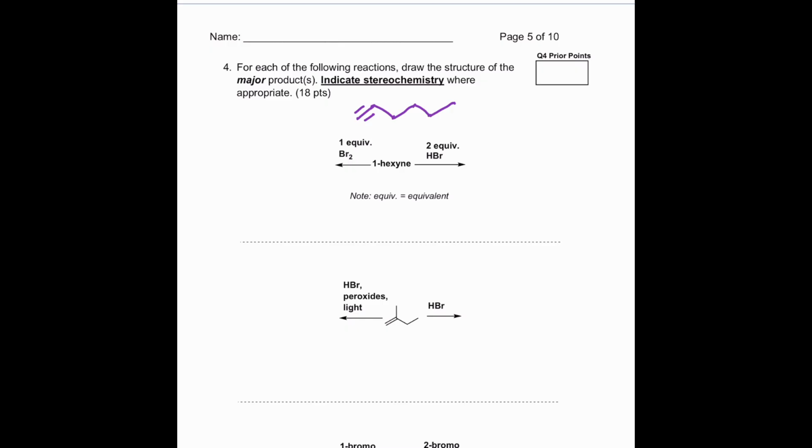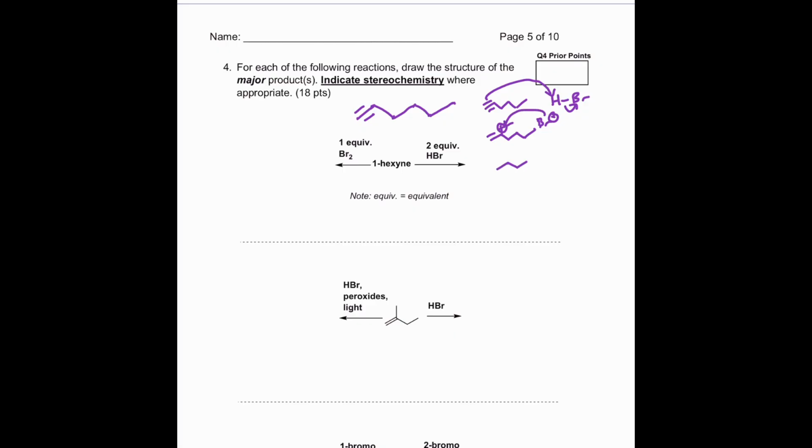So the reaction for this is going to look something like this. I'll do it really quick for everyone. It's going to attack the hydrogen. The bromine's going to go there. And then there's going to be a plus on there. It's going to be a double bond. And the Br is going to attack there.